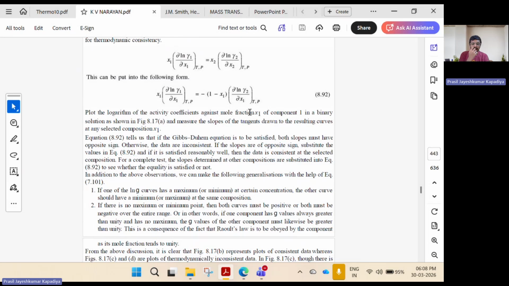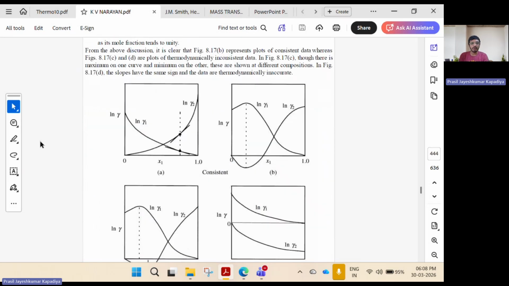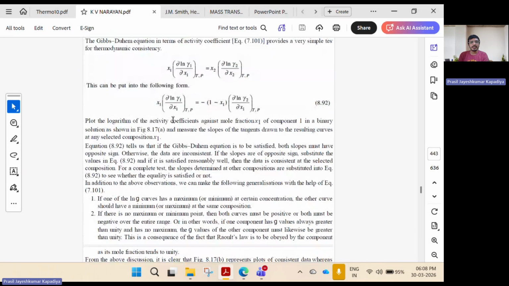For a complete test, the slopes determined at each composition are substituted, and we can calculate whether this is satisfied or not. One very important thing we should know is that the slopes of ln gamma 1 versus x1 and ln gamma 2 versus x1 should be opposite. If they are not opposite, then our data is not thermodynamically consistent.